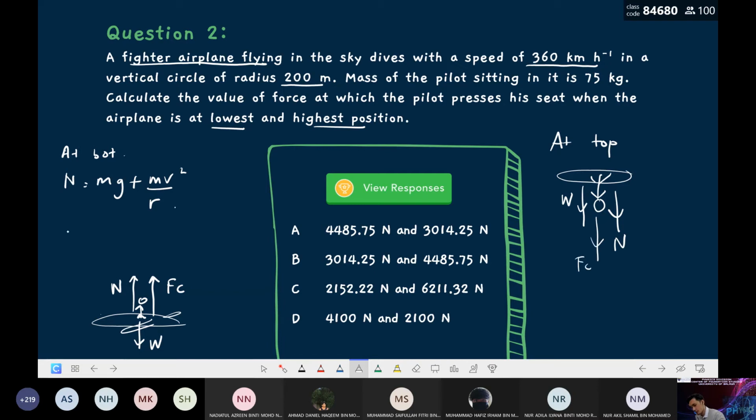So the normal now is centripetal force minuskan dengan the weight. So mv square over r minuskan dia dengan mg. This one akan sama dengan tension yang kita buat untuk ball tadi. So dia bukan dah jadi mg minus mv square lah. Dia akan jadi macam ni.